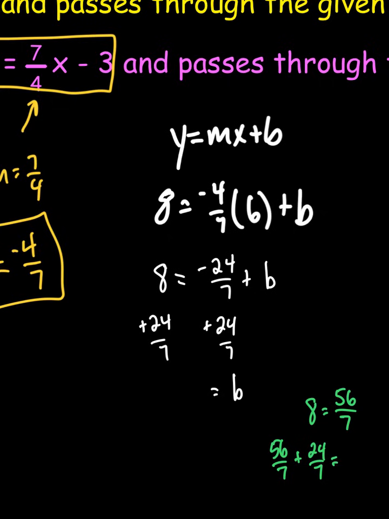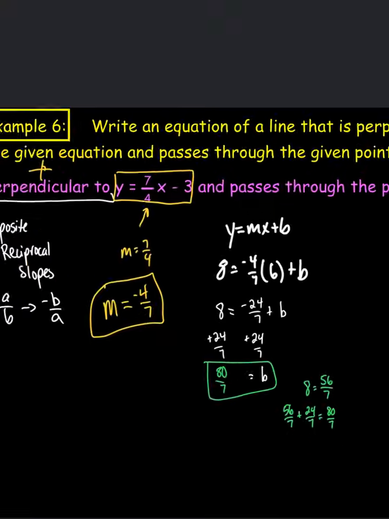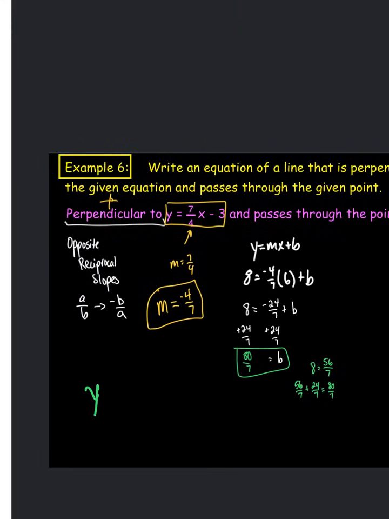And that's going to give us 80/7. All right. So that's going to be our y-intercept, is 80/7. And then we have our equation, right? We've got our slope, we have our y-intercept, and so it's going to be y equals negative 4/7 x plus 80/7.